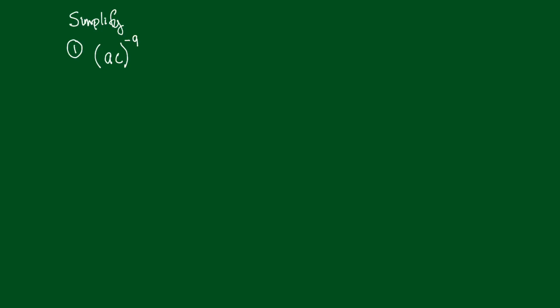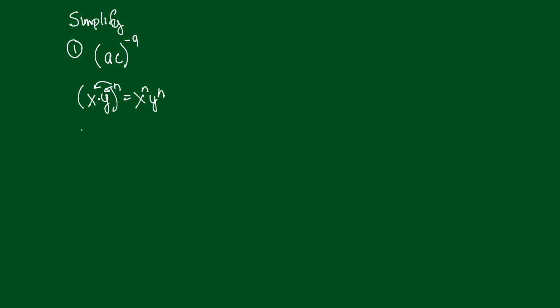In this first problem, we're going to raise the product, right, so multiplication, AC to the negative 9 power. Now to do this, we're going to use this rule right here. If you have a product, make it clear it's a product, and you're going to raise it to the nth power, you can distribute that exponent to each one of those factors, getting x to the n times y to the n.